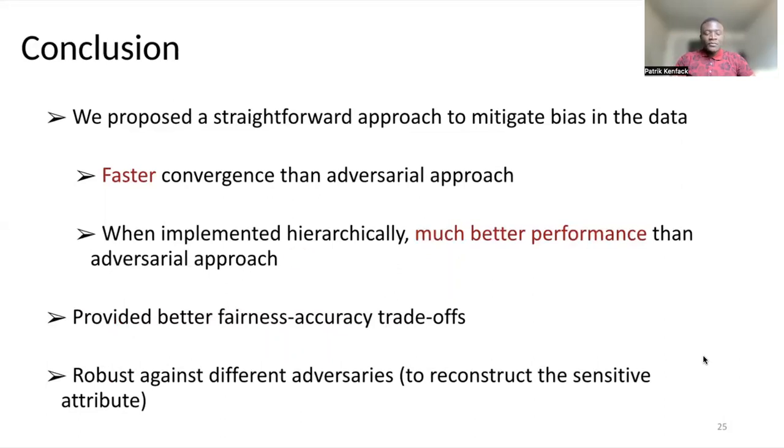We also saw that when we implement it hierarchically, it provides much better performance. Overall, we have a better fairness-accuracy trade-off, and we have tested our method against different adversaries. We see that this method is still robust against the adversaries that we used to test it.